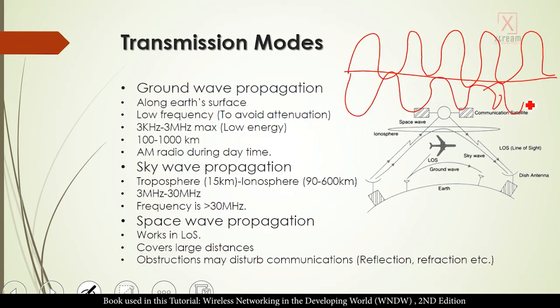So in this case we have a possibility of our signal leaking more energy. So at these points the possibility of leakage of energy is maximum. That's why we are using low frequency for ground propagation.